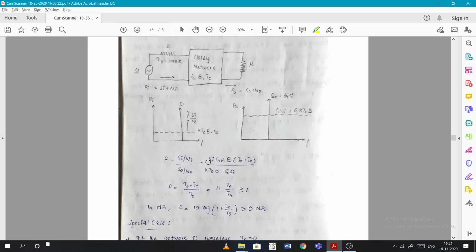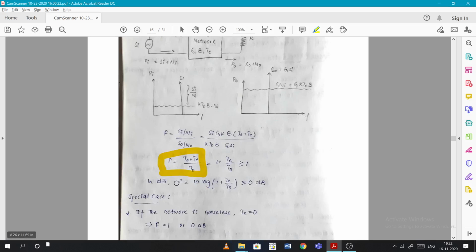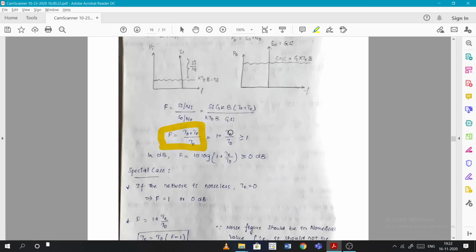So when you substitute and rearrange, we get the formula: F is equal to 1 plus Te by T0, which is greater than 1. If we want this in dB, it is 10 log of this value, which will be greater than or equal to 0 dB. There is a special case where Te is equal to 0, which happens for a noiseless network.